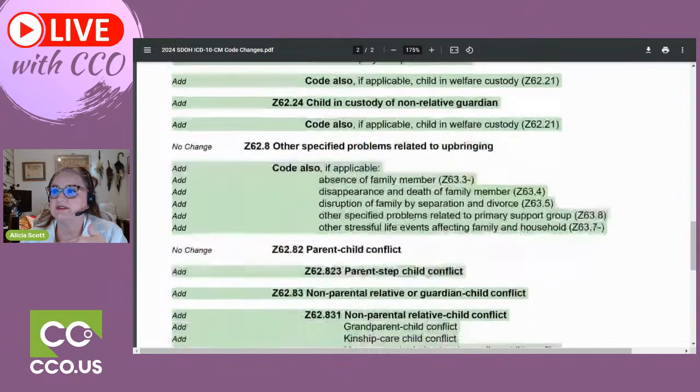Now, other specified problems related to upbringing, Z62.8.